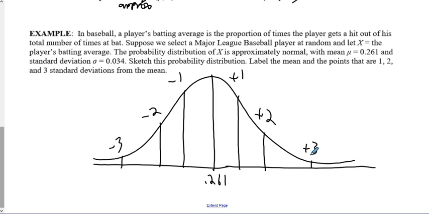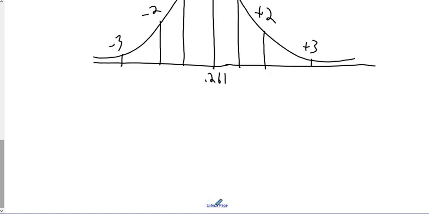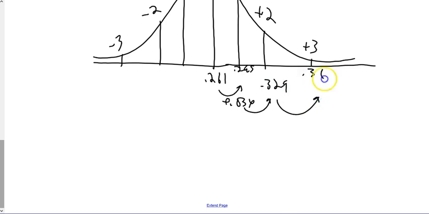Now, we're going to use a standard deviation of 0.034. All that means is we're going to add 0.034 and get 0.295. And we're going to repeat that and get 0.329. And we're going to repeat that again, and we're going to get 0.363.